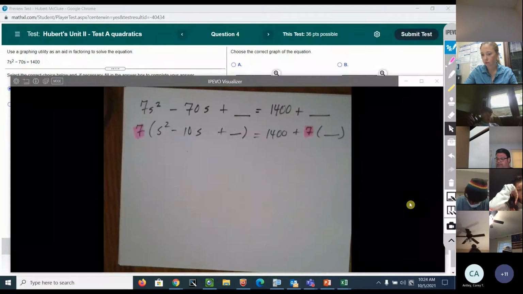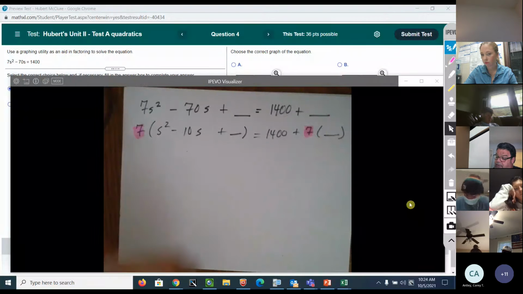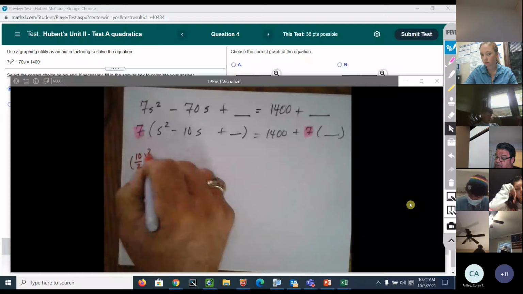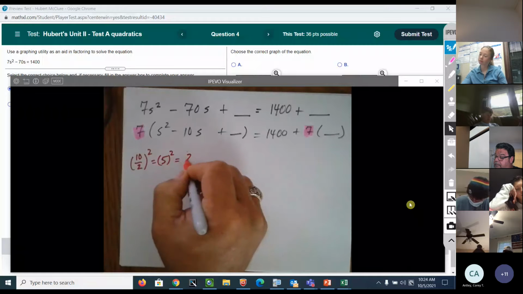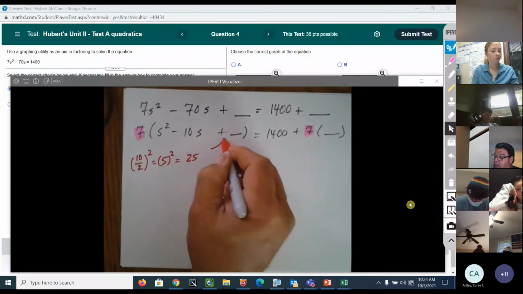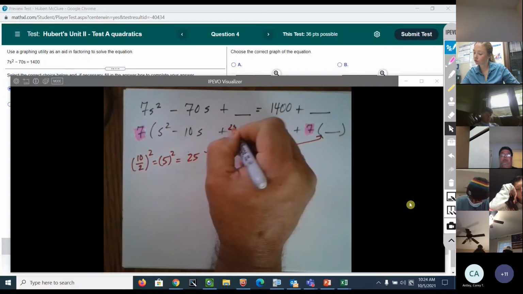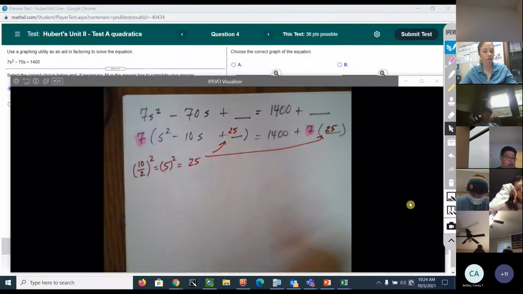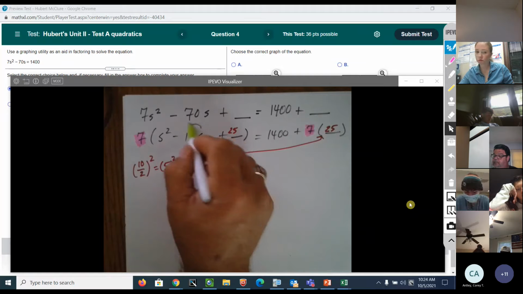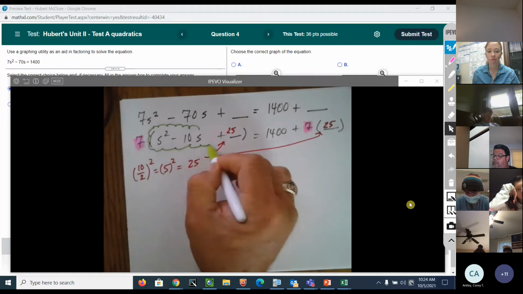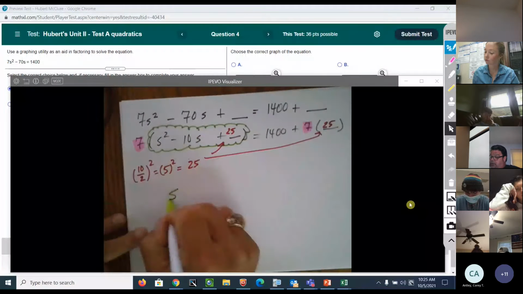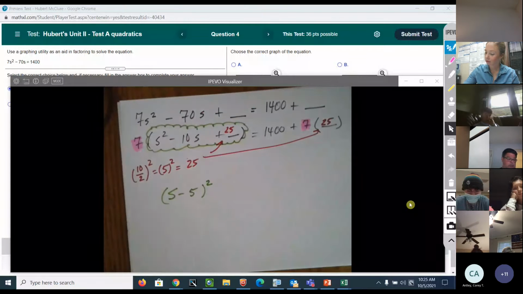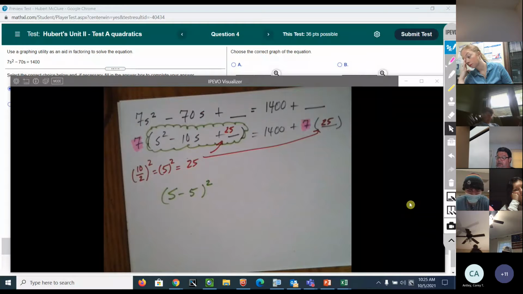Take my red pen, 10 divided by 2, and square it is equal to 5, and 25. And that gives me shortcut number 2 right here. S minus 5 quantity squared. That's 7 out front.